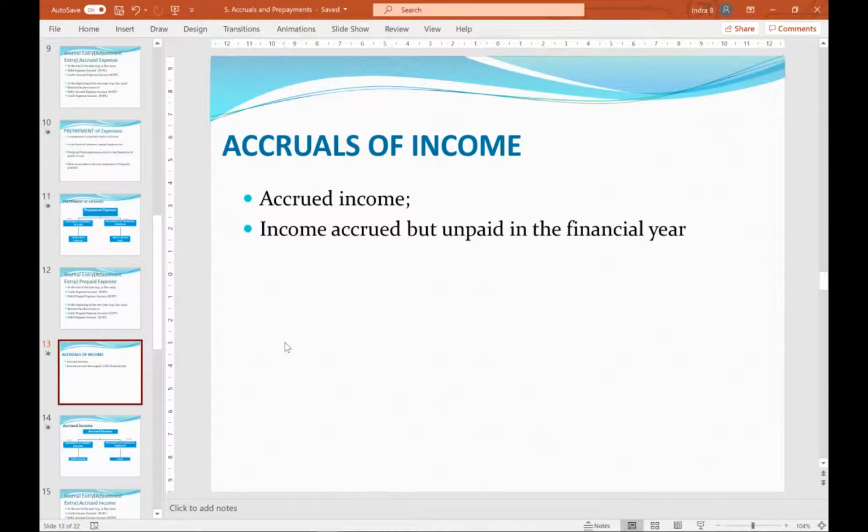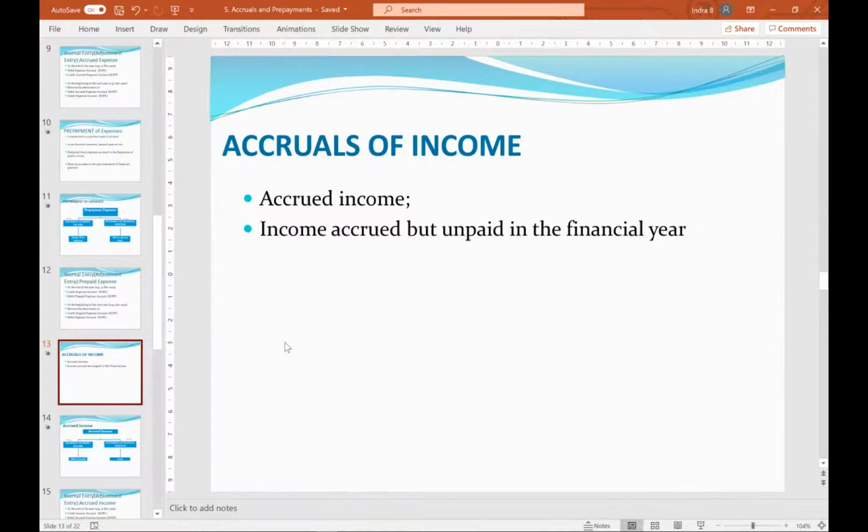So then the third point comes: accrual of income. Like accrued expenses, there might be accrual of income, where some income was due. For example, interest on deposits: suppose we have some deposits and we have to receive interest.